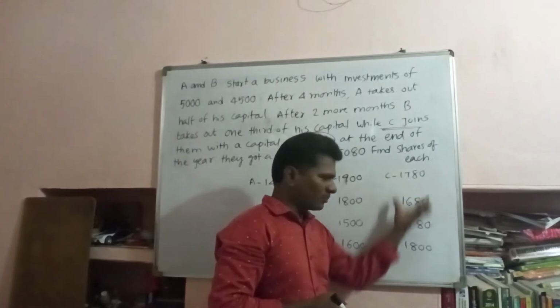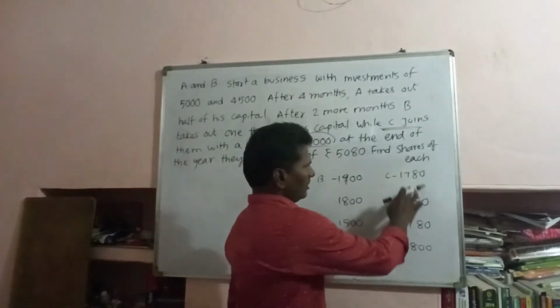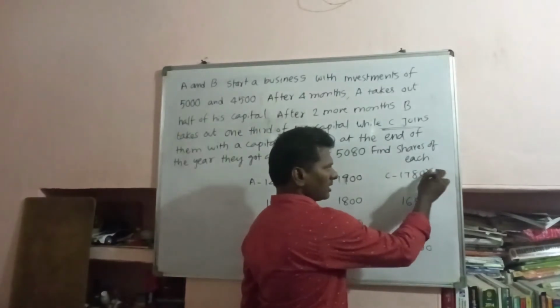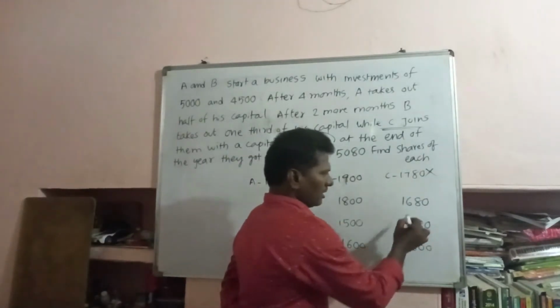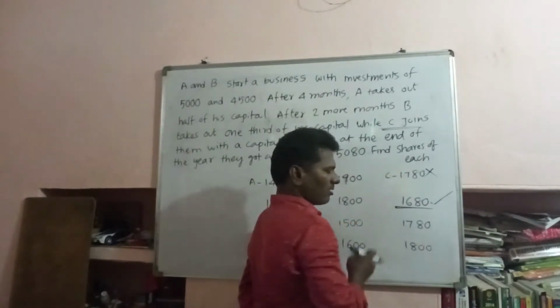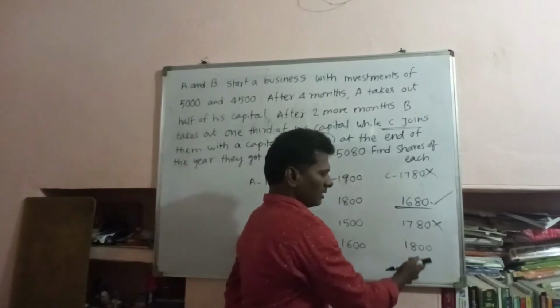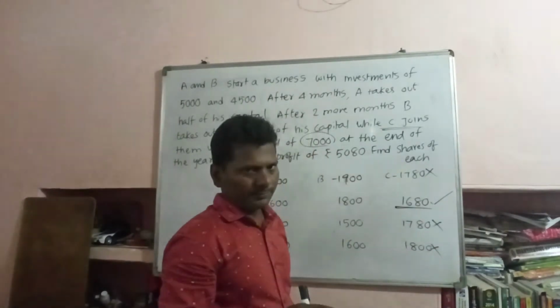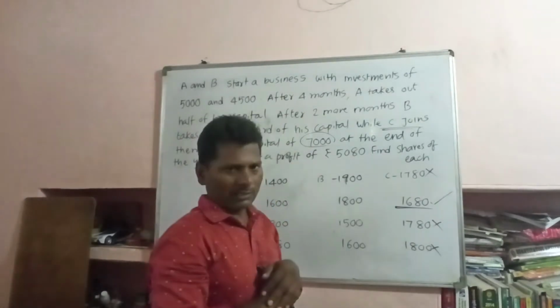These are C's profits. The answer must be divisible by 7. So this is not divisible by 7, wrong answer. This is divisible by 7, so this is the right answer. This is not divisible by 7, wrong. This also is not divisible by 7, wrong answer.